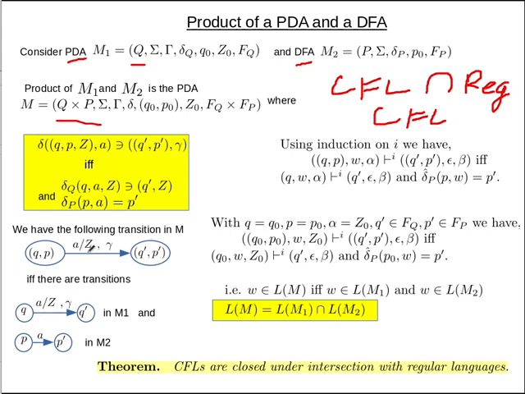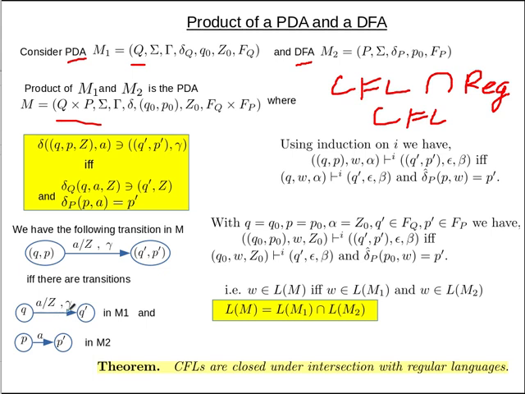Now, this has to do something with the stack also, right? But here only this part has a stack, because this is a PDA and this is a DFA. This M2 is a DFA, so it does not have a stack. Only M1 has a stack. So whatever it does to the stack, it just replaces this symbol Z with gamma. This also does the same thing. So this will maintain the stack in the same way that M1 maintains the stack.